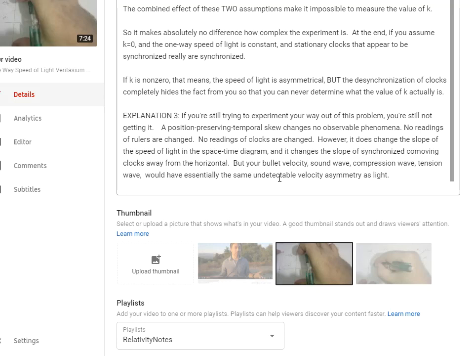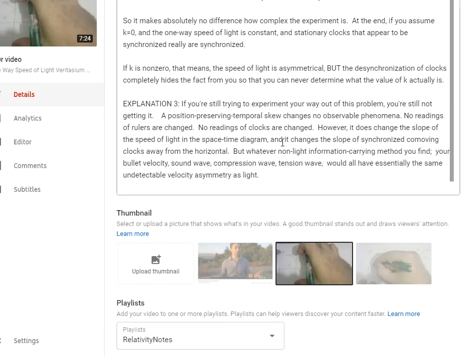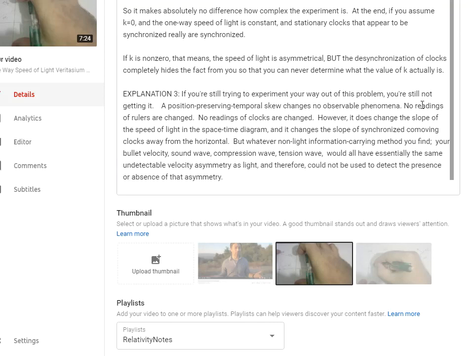But your bullet velocity, sound wave, compression wave, tension wave would all have essentially the same undetectable velocity asymmetry as light. So whatever non-light information-carrying method you find, they all have the same undetectable velocity asymmetry of light, and therefore could not be used to detect the presence or absence of that asymmetry.